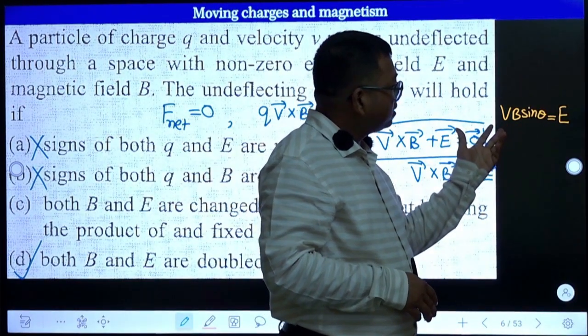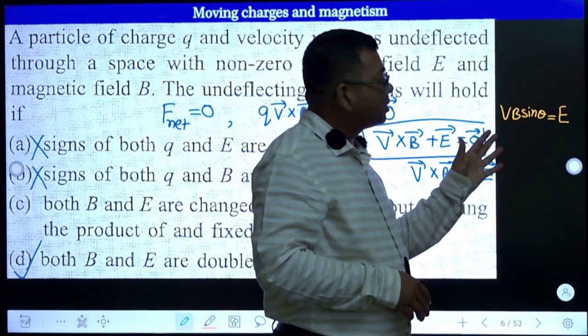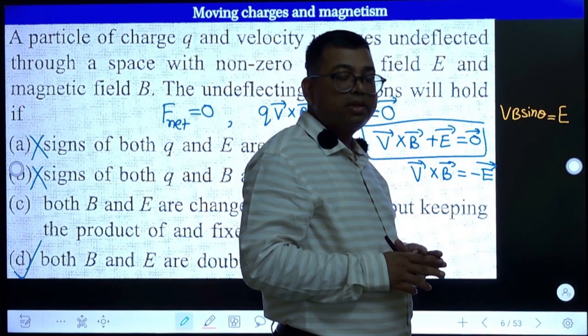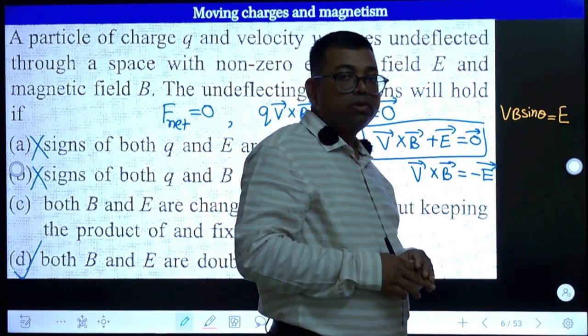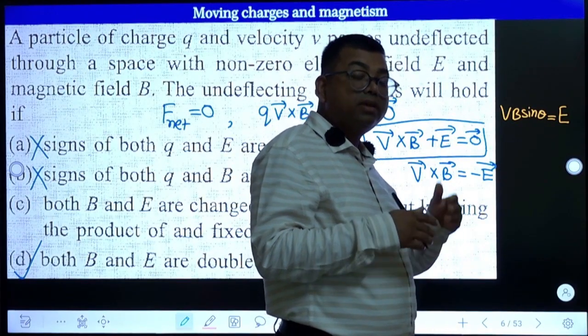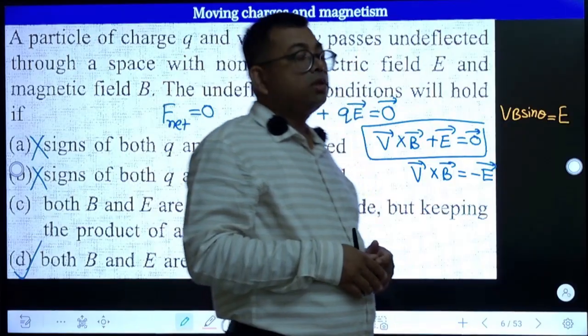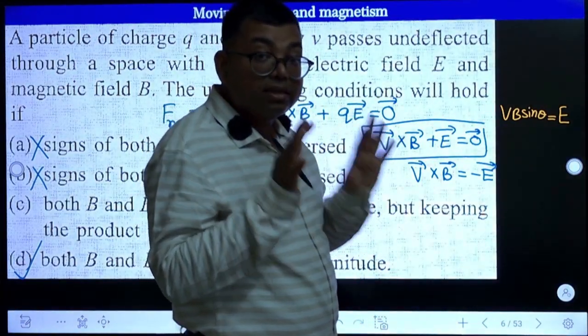Or you can say that VB sin theta should be constant, then E will remain constant, right? So if you leave the other factors, then B is proportional to E. Whatever factor you change E by, the same factor you have to change B. You are seeing the relation between B and E, other things are constant.